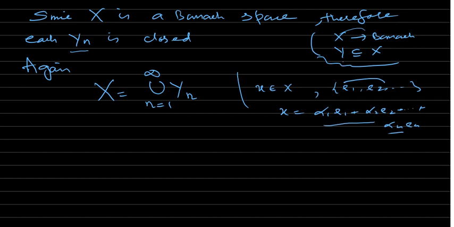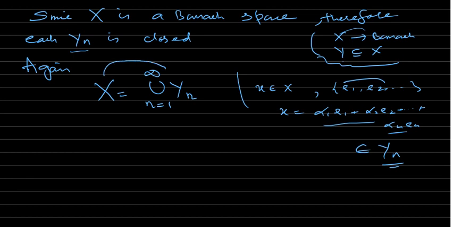But this vector belongs to Yn, as Yn is the subspace of X generated by e1, e2, ..., en. So any x in X is in some Yn, which means X is the union of these spaces.